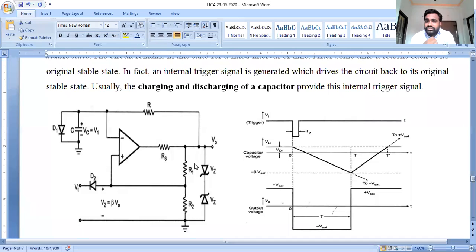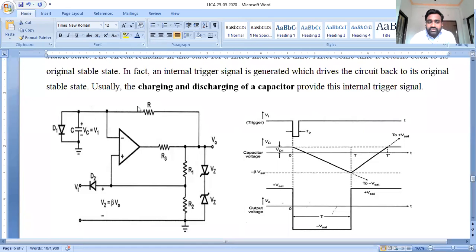This is our circuit configuration. This is an operational amplifier connected with positive feedback, and this positive feedback is triggered through the rectifier diode. Next, these two external Zener diodes are connected across the feedback resistances.